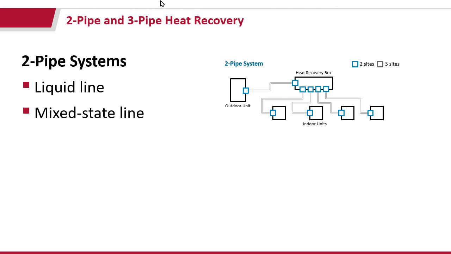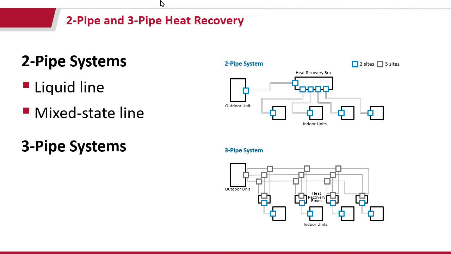And the mixed state line is what the HR box is going to use and fine-tune the conditioning of that mixed state line into the gas form that it needs, that is the right state for it to perform whatever action the controller is saying that that room or that box needs to be doing, so that the indoor units can get what they need.